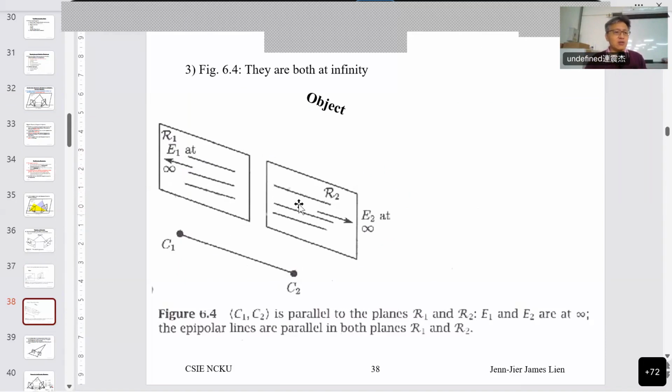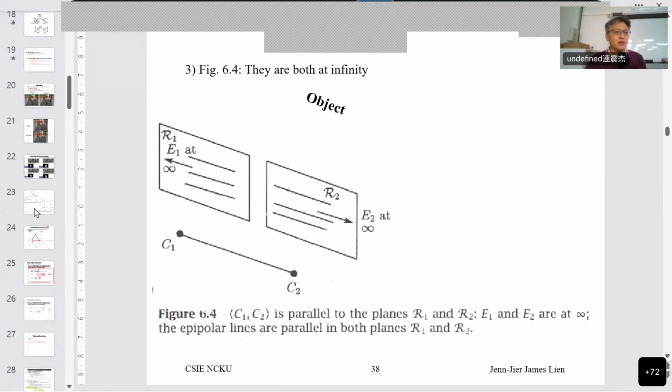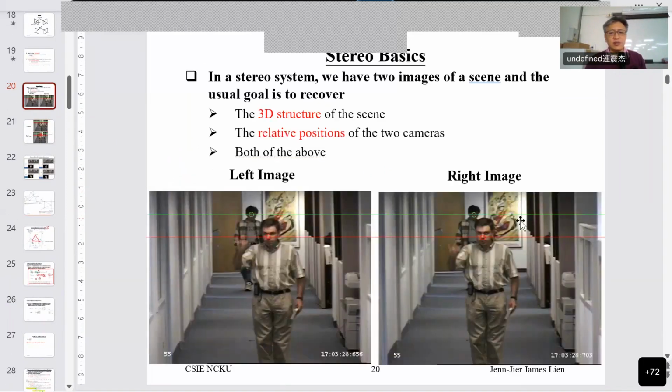lines will be parallel. So this epipolar line will be parallel to the other one. So all the epipolar lines will be parallel to each other, and this line will cross over to the other image with the same epipolar line.